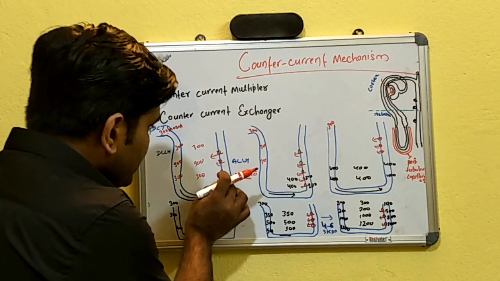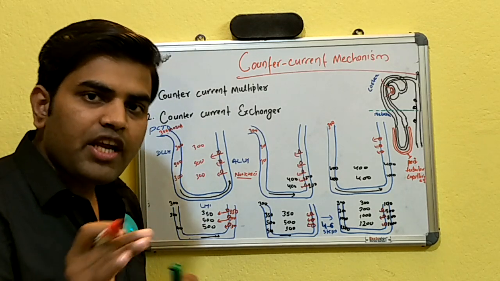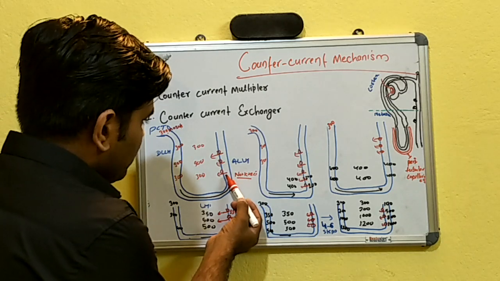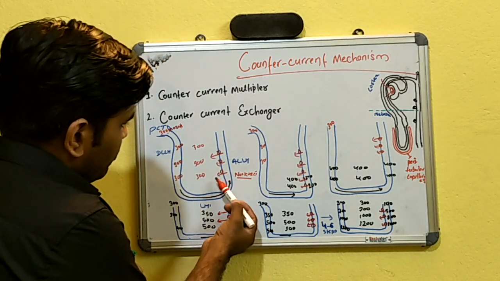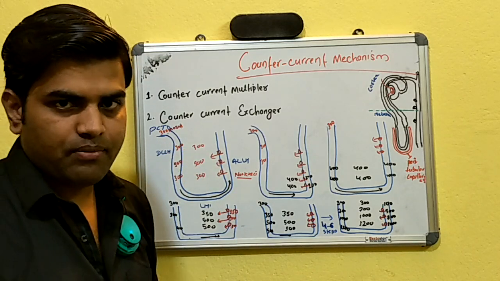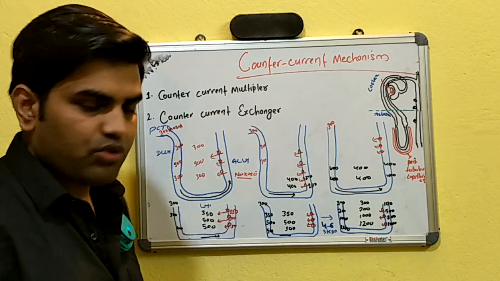This pump has one important special peculiarity: it maintains a 200 milliosmol gap. Suppose here is 300, it will take out 200 and remain 100, and it will give a slow interstitial fluid. This is the main property of the sodium-potassium-2-chloride pump.